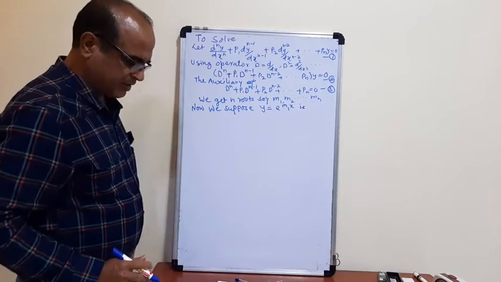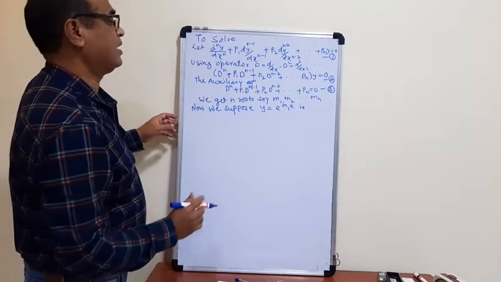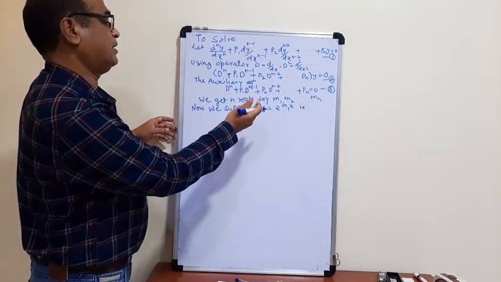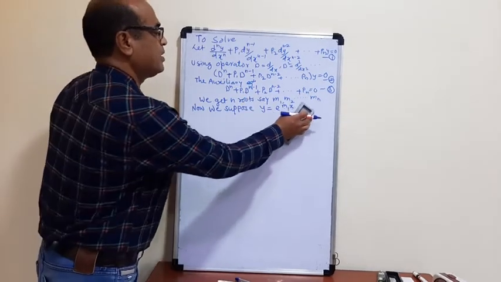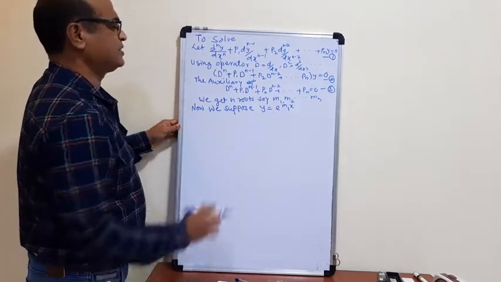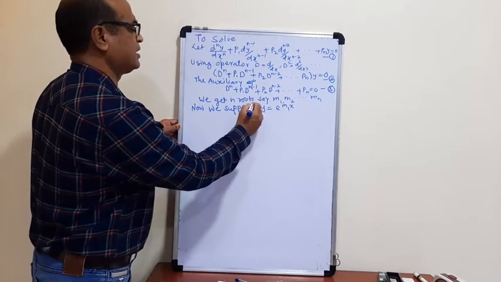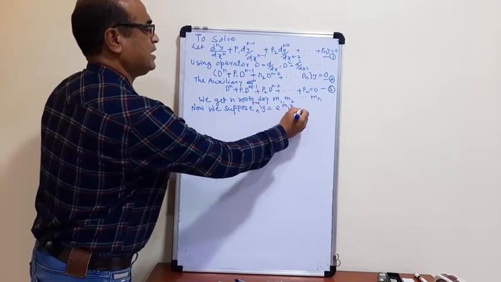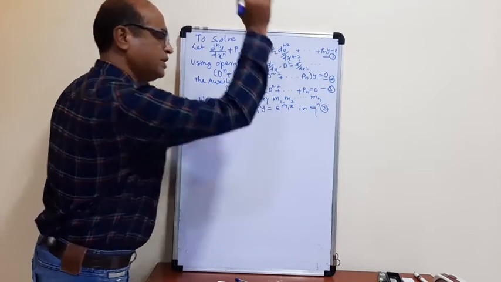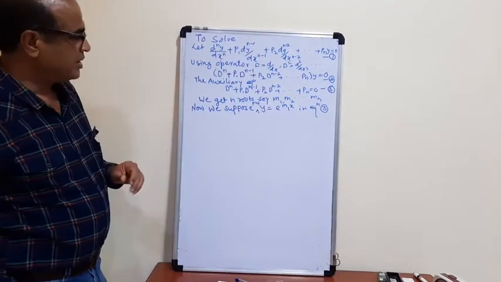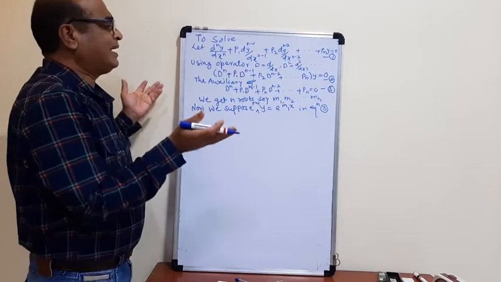Just we suppose e raised to m1x is a solution. So suppose this is a solution, so we put this in equation 3. So what will we get?